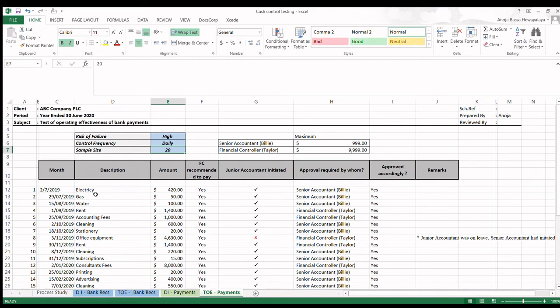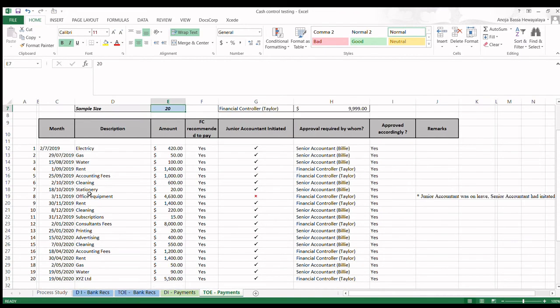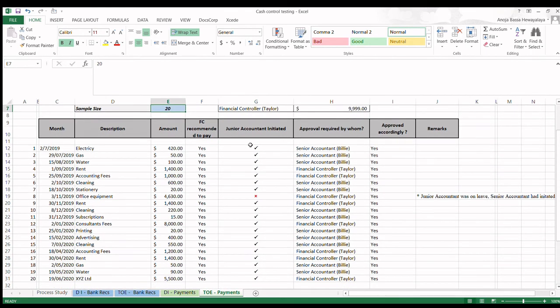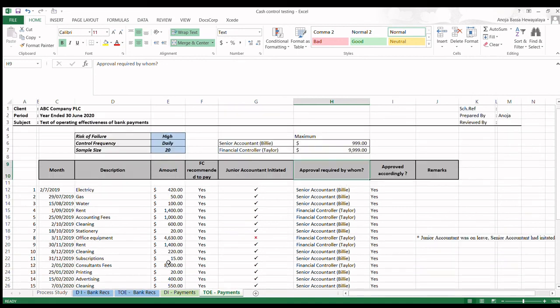In this test, I have selected 20 samples because the frequency of the control is daily, not monthly, so I have to consider a higher sample. Here I have considered whether the junior accountant created the transaction and then who approved it, based on the amount of the transaction.